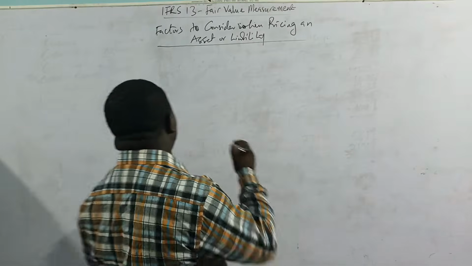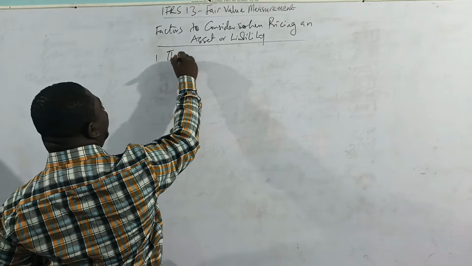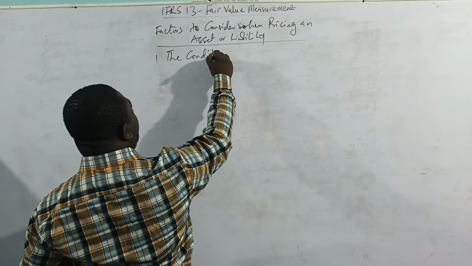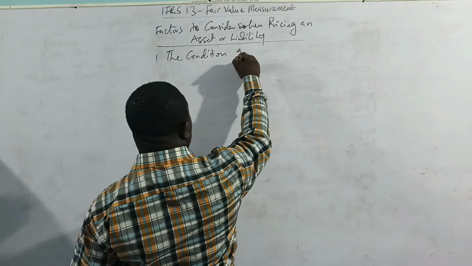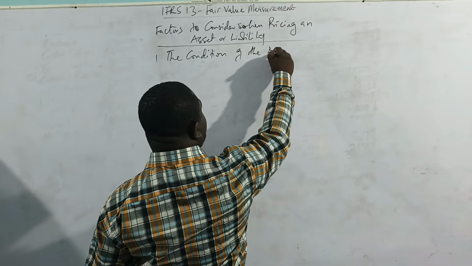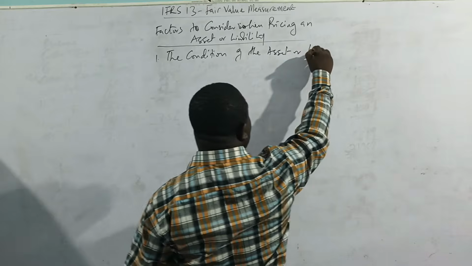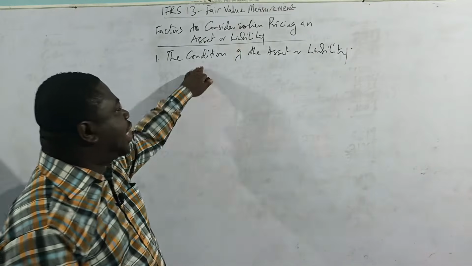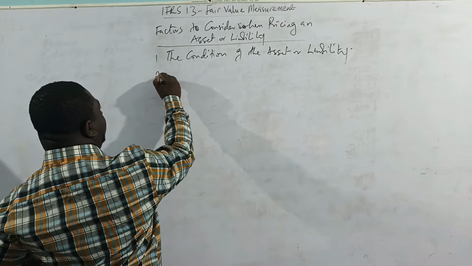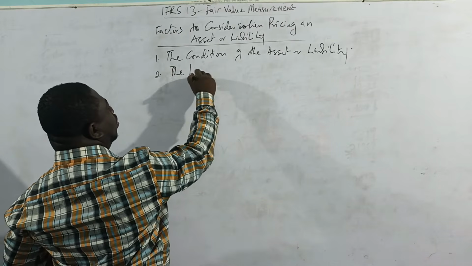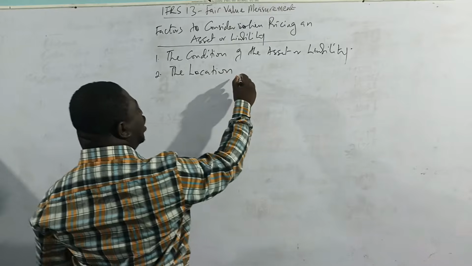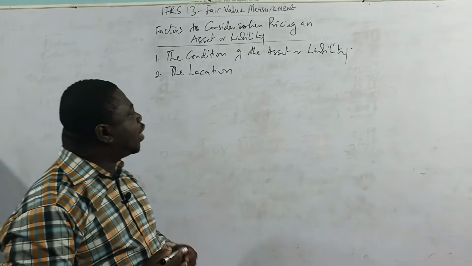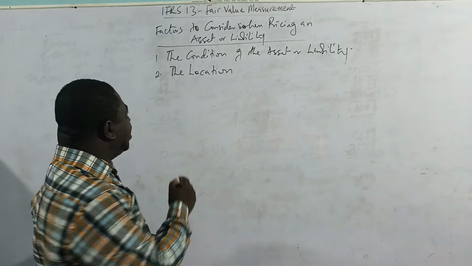And the 3 factors are: 1, the condition of the asset or liability. So you consider its condition, then the location of the asset or liability.